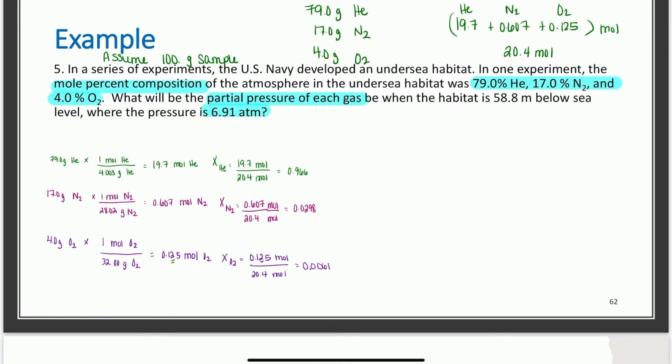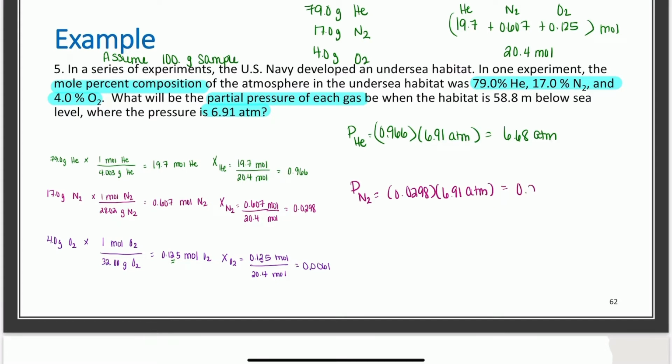Okay, so last part now, what are the partial pressures? The pressure for helium is going to be the mole fraction of helium times the total pressure of the system. So 0.966 times 6.91, 6.68 atmospheres. Partial pressure for nitrogen, mole fraction of nitrogen, times total pressure of the system, 0.206 atmospheres.